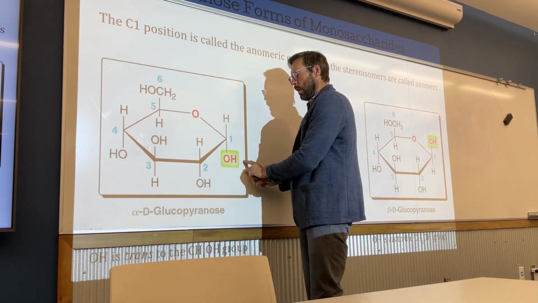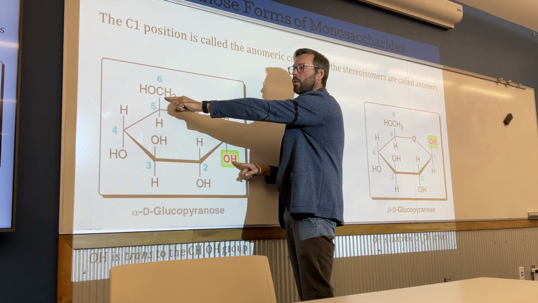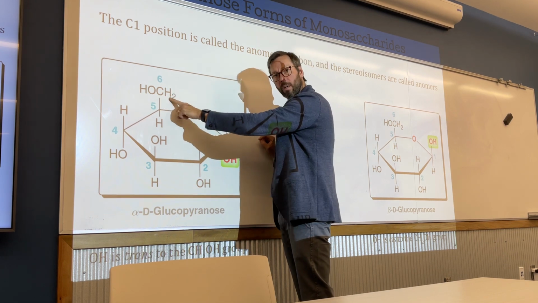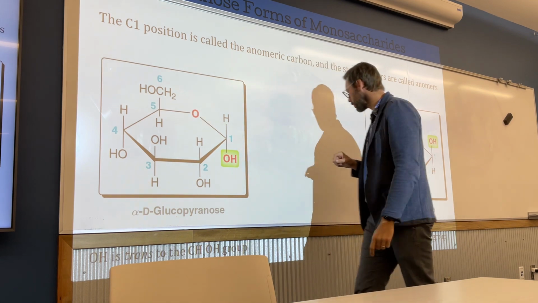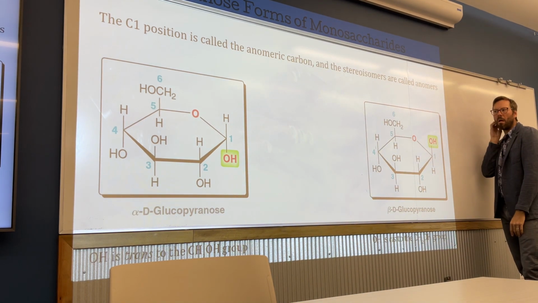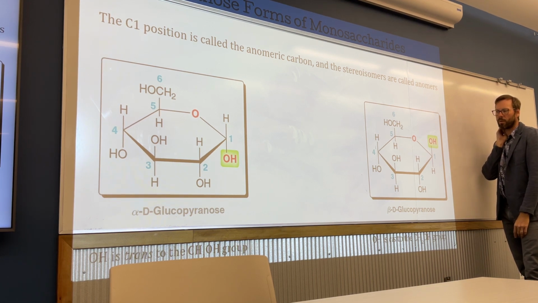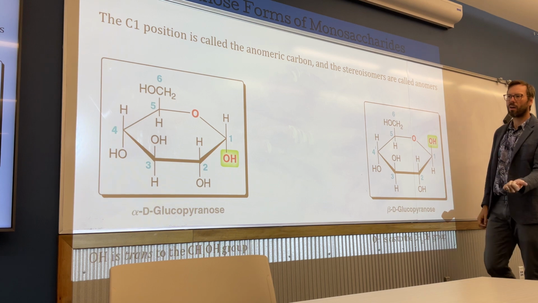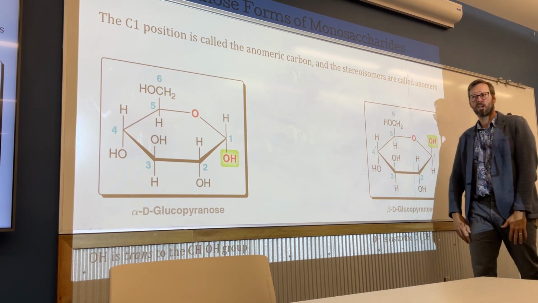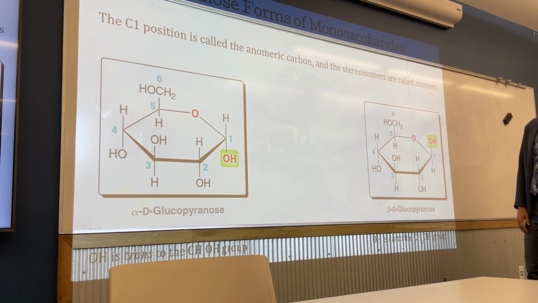Or it can be considered being trans to this group here, this methanol group, or cis to that 6th carbon, that methanol group. So you can think of it as up or down, cis or trans, but that gives us these 2 distinguishing features.